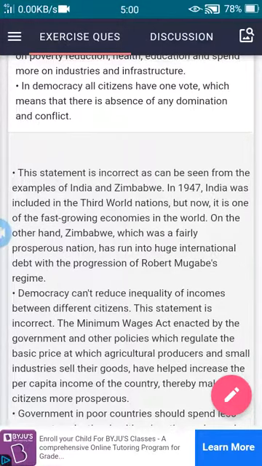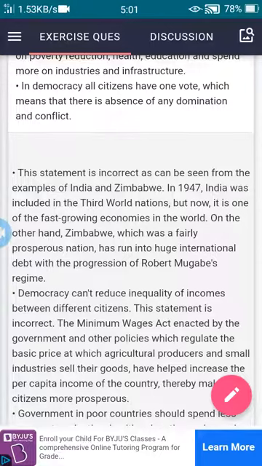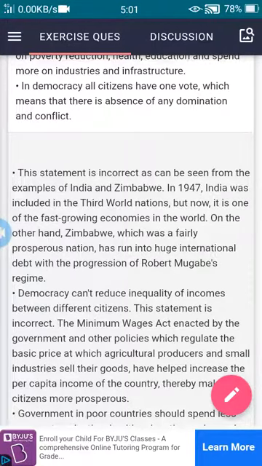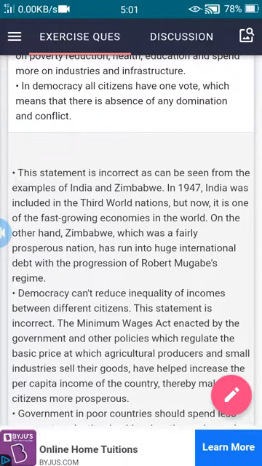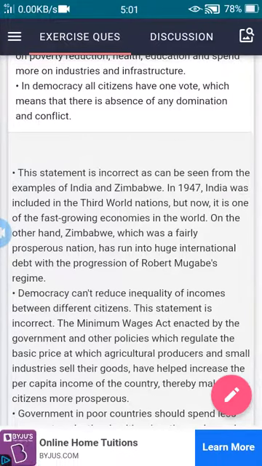On the other hand, Zimbabwe, which was a fairly prosperous nation, has run into huge international debt with the progression of Robert Mugabe's regime.